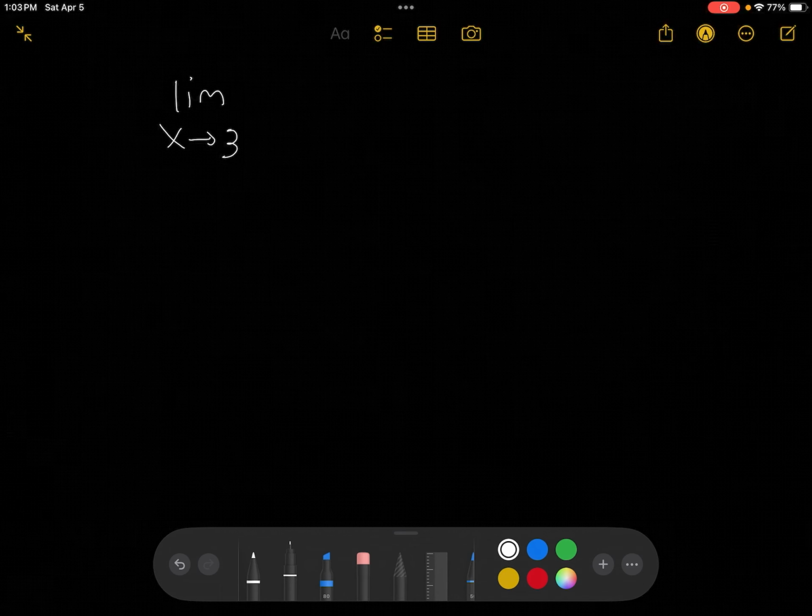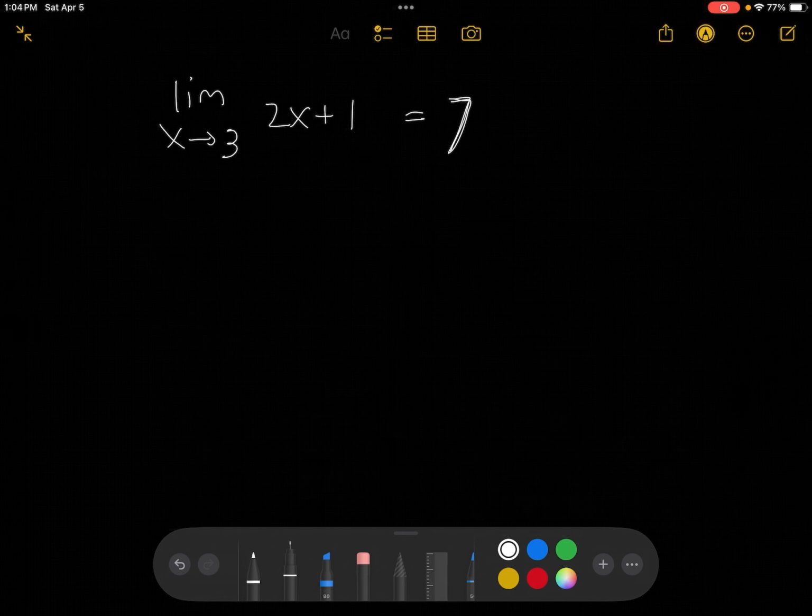Okay, so let's see some examples of how to use this definition to prove a limit. Let's try and prove that the limit of the function 2x plus 1 as x approaches 3 equals 7. So let's write out the statement that we want to prove.